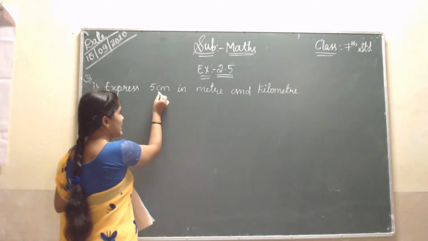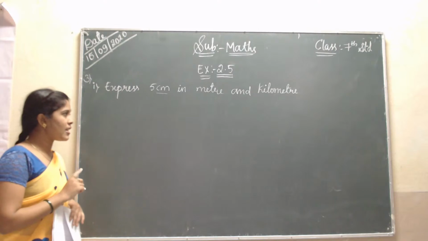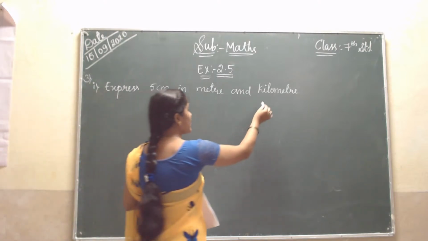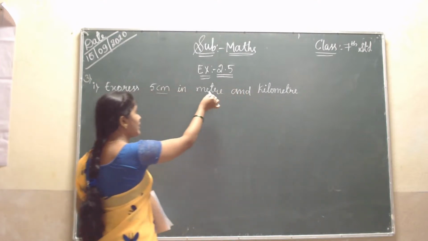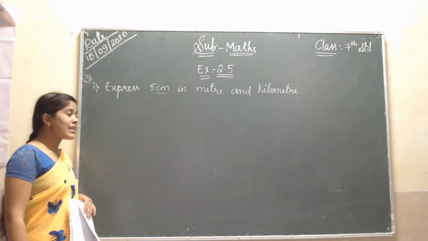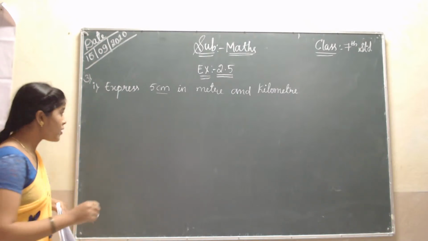We have to see units. This question is in centimeter. We have to convert centimeter into meter and kilometer. Here the biggest unit is kilometer, then meter, then centimeter. Kilo is greater than meter and centimeter. Smallest unit is centimeter. Understand?